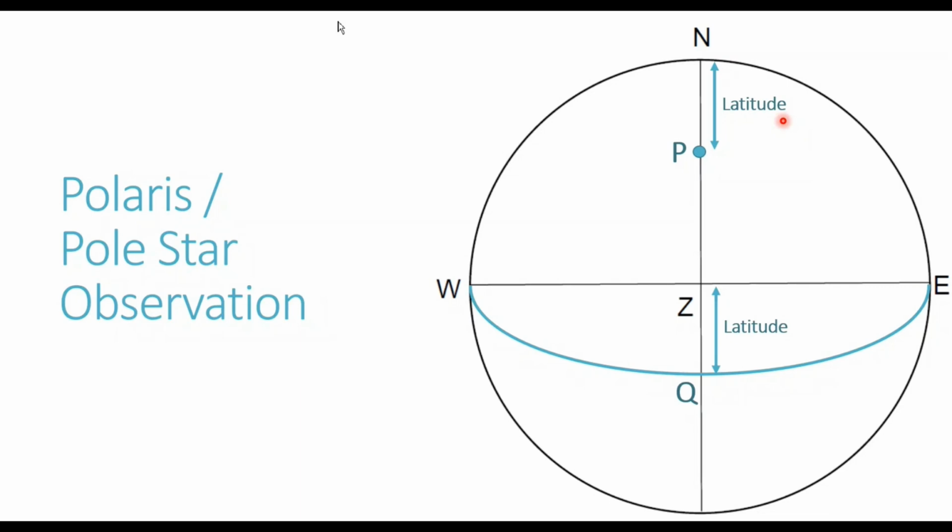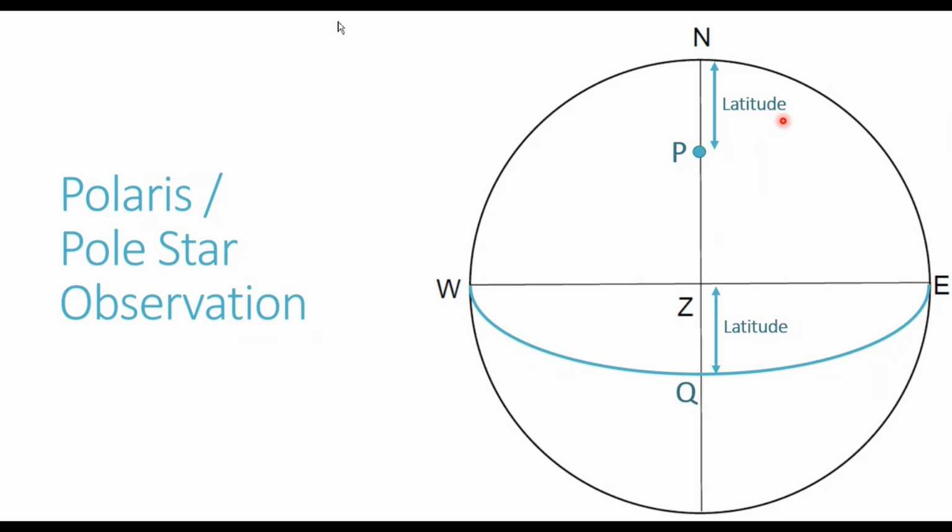The only problem here is the celestial poles are not lit up. If they were lit up, if there was some star or some light there, then we would be able to take their altitude and get our latitude very easily. But unfortunately, the poles are not lit up.